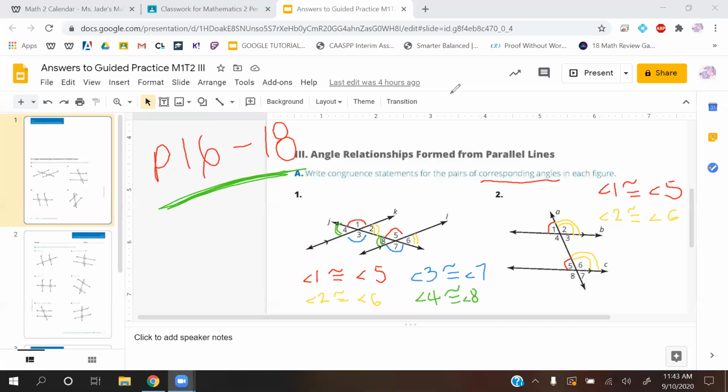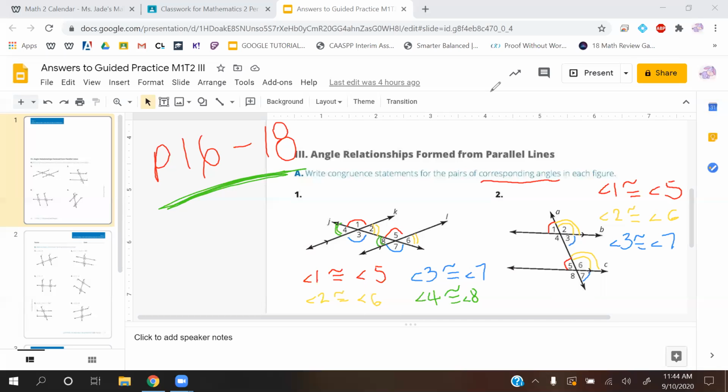I'm going to ask you another one. Okay, Noah? So angle 3 is congruent to, what is the corresponding angle to angle 3, Noah? 7. Good. See, you got this. Okay, and then let me call on another person for the last one.